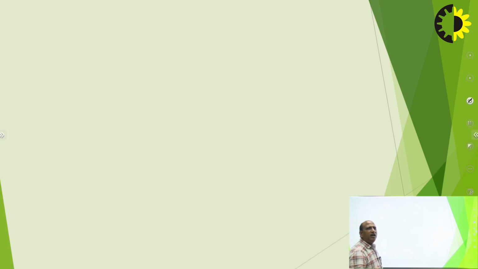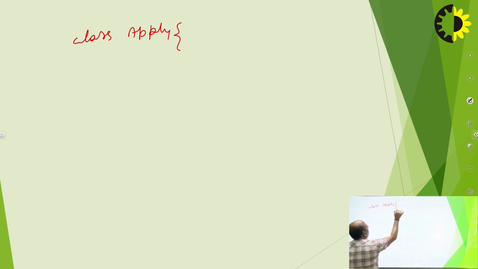Let's say I am creating another class named Apply, and here I want to use that Student class. In this class I want to create the object of the class, and an object is an instance, means it's a runtime entity. So this class should have a main function.